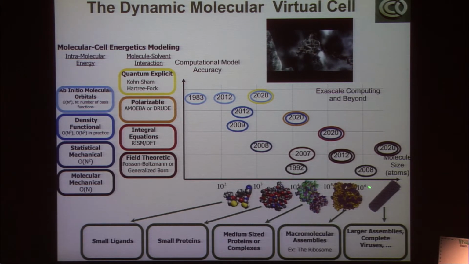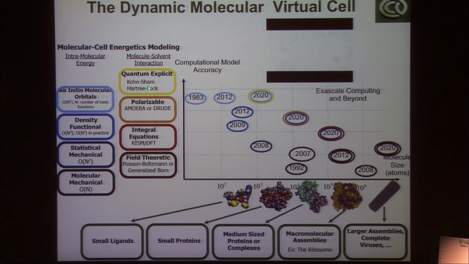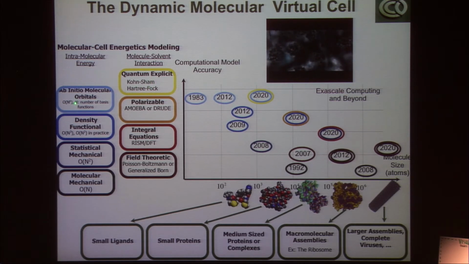And if I wanted to really solve problems up to large assemblies within a cell, in a virtual 3D cell, and support them with these pseudo, even reduced approximation physics, then I'm projecting that in 2020 we might be able to solve some of them, but only with reduced models. To do quantum explicit and ab initio for the intramolecular energy and quantum explicit for the molecule-solvent, these equations are very hard to solve.